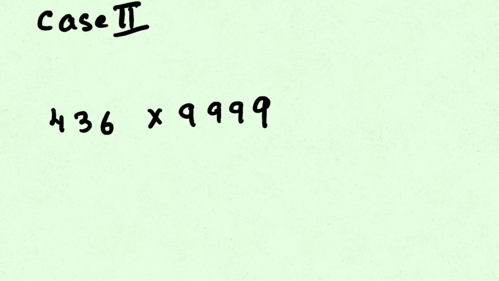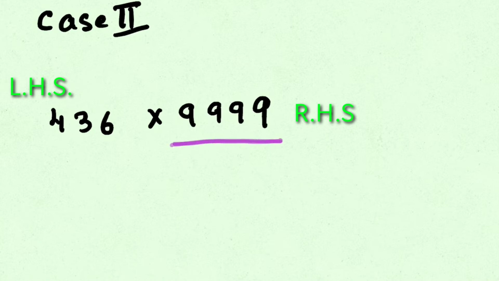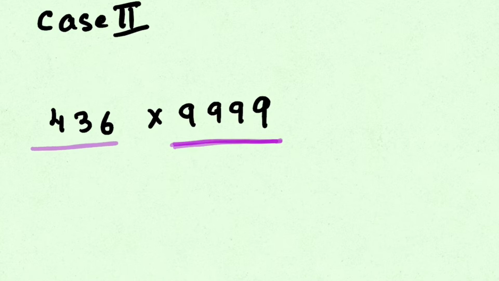Now you can see the number of digits in the multiplier as the series of 9 are 4, but the number of digits in the multiplicand are only 3. So what we can do is, if we add 0 before this number, we make the number of digits same in the multiplier and in the multiplicand.